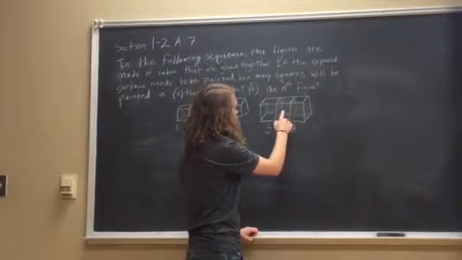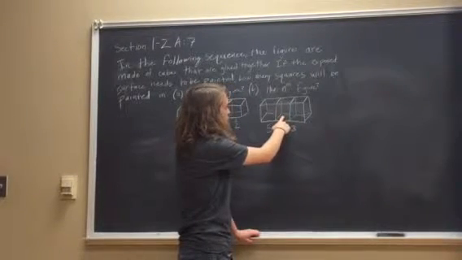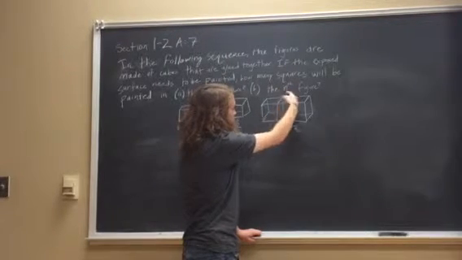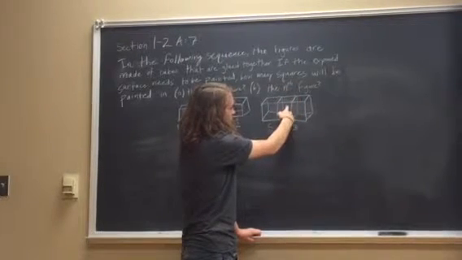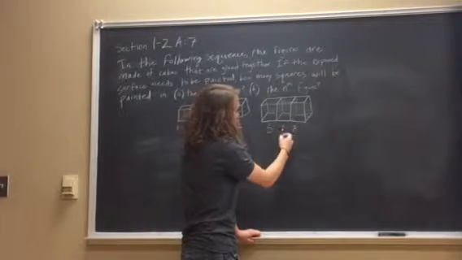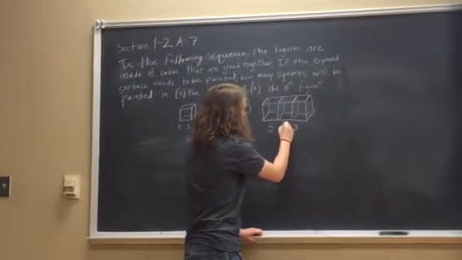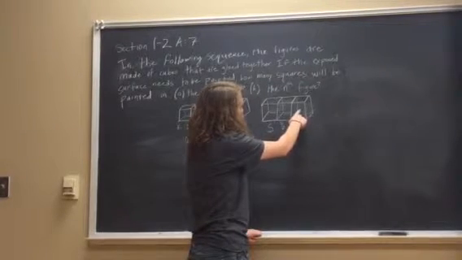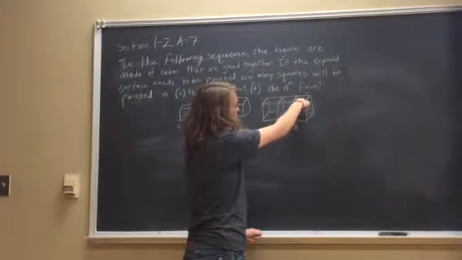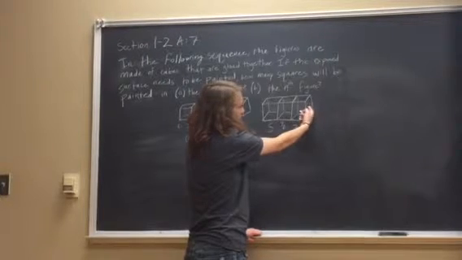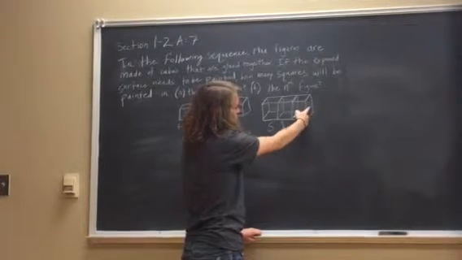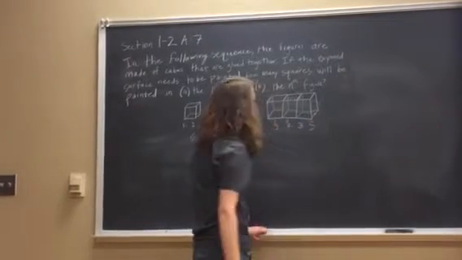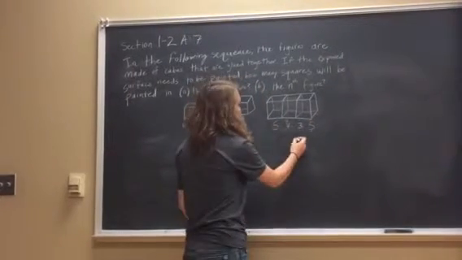Then we have the front for 1, the bottom for 2, the top for 3, the back for 4. And now for exposed sides here, we have the front for 1, the top for 2, the back for 3, the side for 4, and the bottom for 5. And if we add those all together, we get 14.